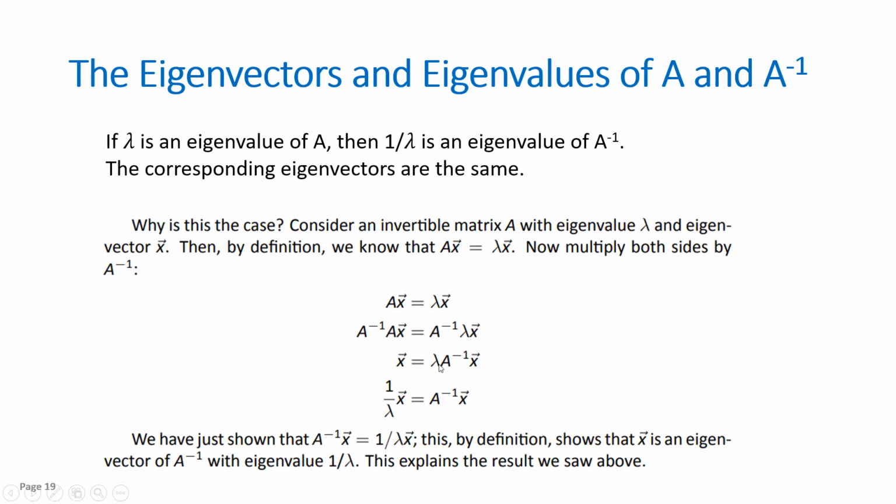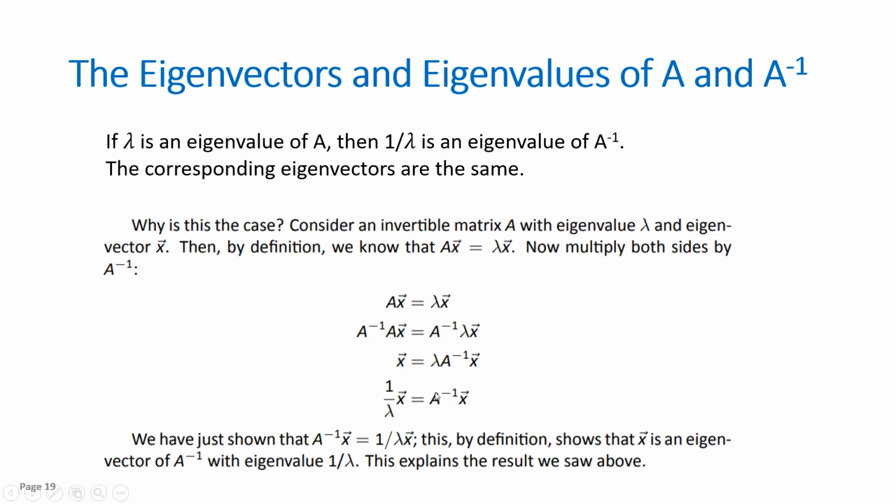So x bar is lambda into A inverse x bar, so 1 by lambda into x bar equals A inverse into x bar. We arrive at A inverse x bar equals 1 by lambda x bar. Here 1 by lambda represents the eigenvalue, and x bar represents the eigenvector.